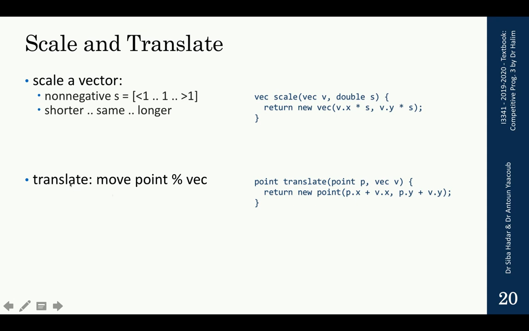The translate, you translate a point through a direction of a vector, and it returns the resulting point. And how do you do it? You add the abscissa of the point to the x length of the vector, and the ordinate of the point, you add to it the y length of the vector, and those two new coordinates will form the new point you are going to return.